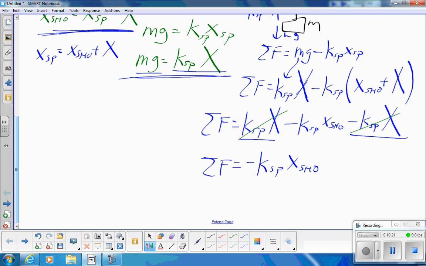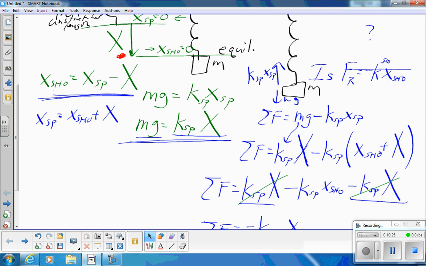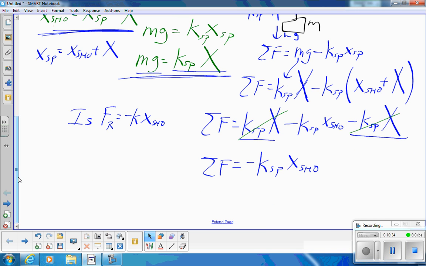And remember what we're trying to do here: is there a restoring force which is equal to negative k times x_SHO? And is this true? Question mark.